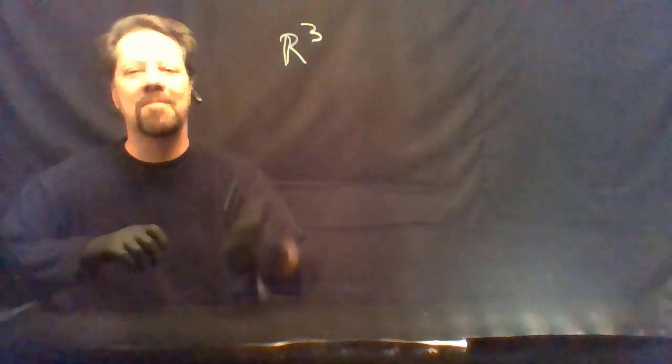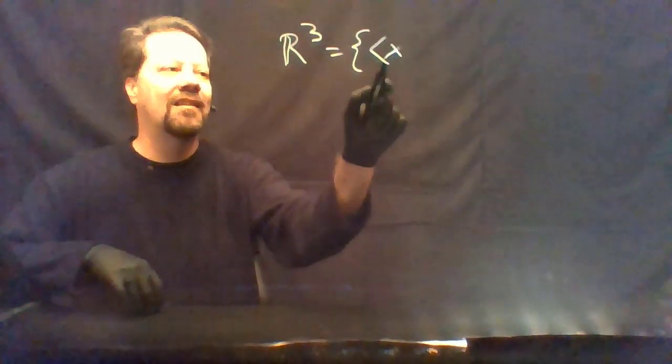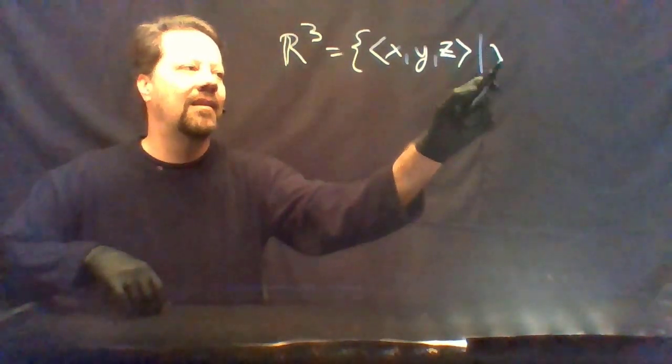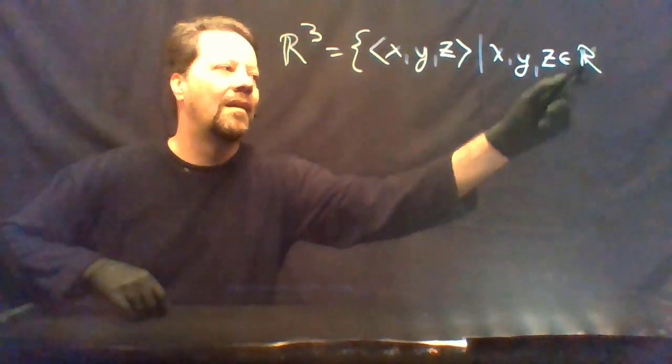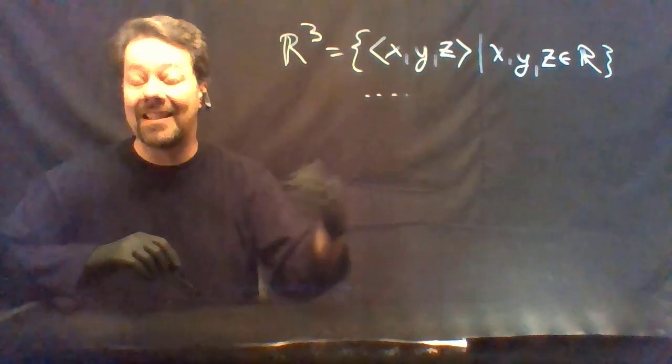R2 is a two-dimensional vector space. You have 2 degrees of freedom, 2 degrees of wiggle room, x and y. Isn't there a possibility of an R3? Defined in the obvious way, with the obvious operators defined in an analogous way with R2.